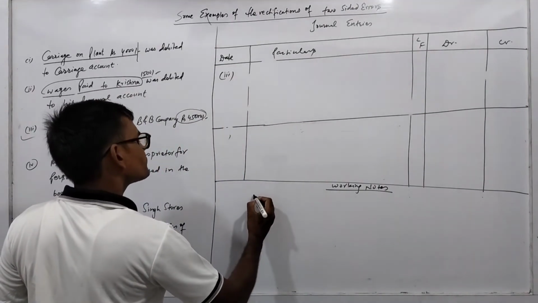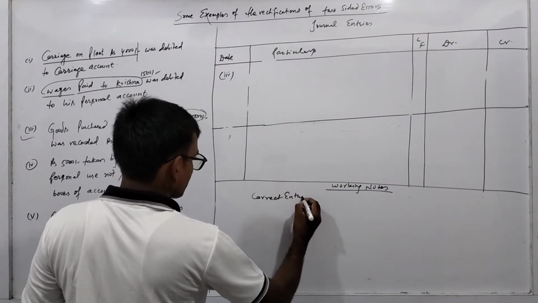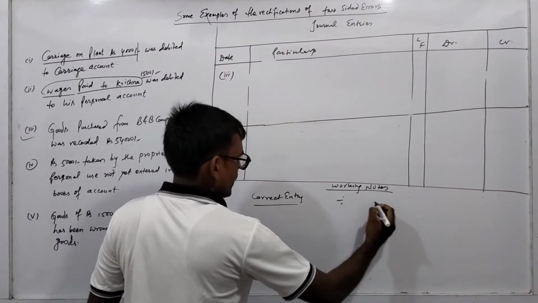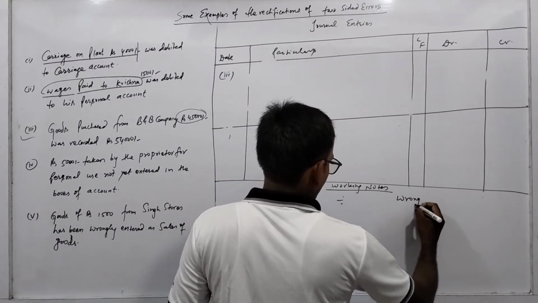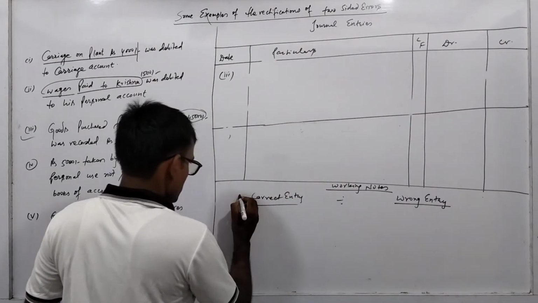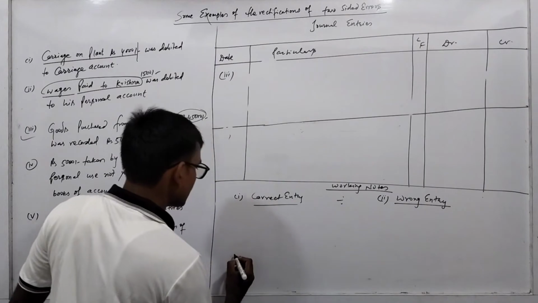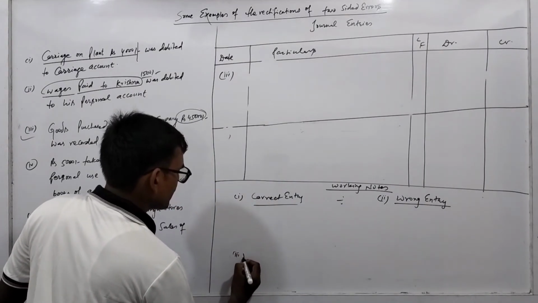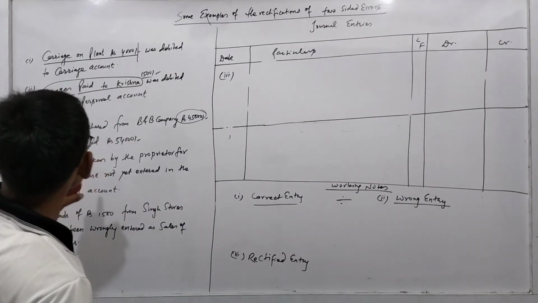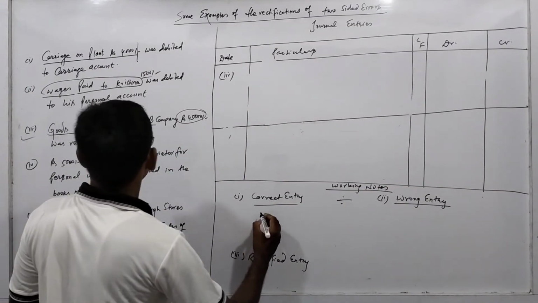Right here, correct entry divided by wrong entry. First process correct entry, second wrong entry, and in third you will get the rectified entries. And what is the correct entry? Goods purchased from B and B company. What is written?